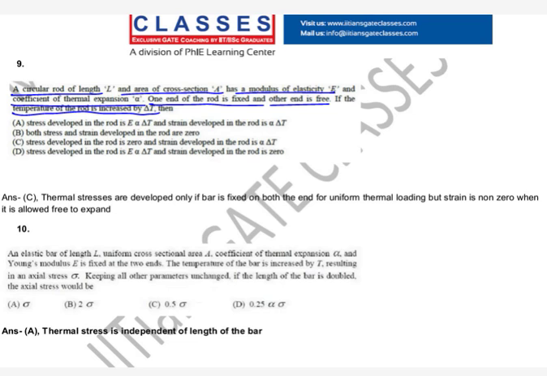So what will be your stress? Your stress will be 0, but your strain will be non-zero. So stress developed in the rod is 0, strain developed in the rod is alpha delta T. Clear? But if delta T is non-uniform, okay, now in this case it is uniform because they used the word rod.